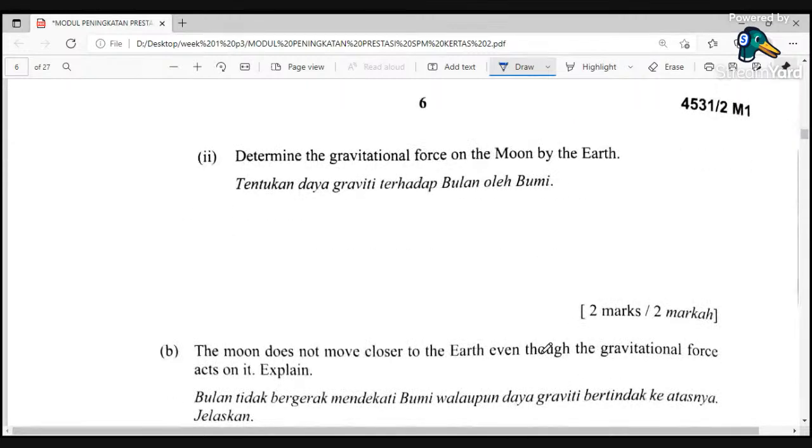Okay, part 2, determine the gravitational force on the Moon by the Earth. Okay, F equals to formula. Kalau you ada information yang cukup, you juga boleh gunakan formula ini. Okay, mesti ada mass of the Moon, mass of the Earth and distance or radius of orbit of the Moon orbiting the Earth.